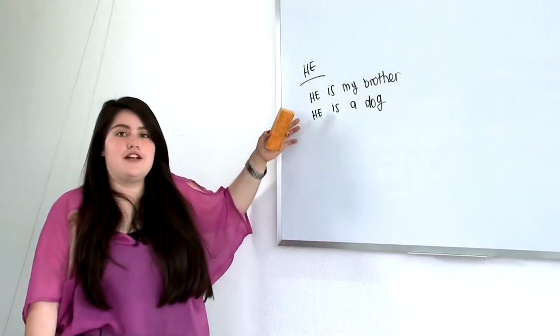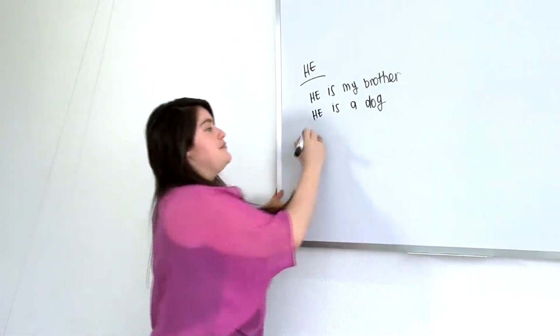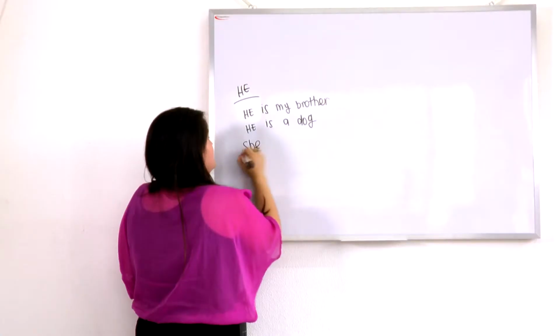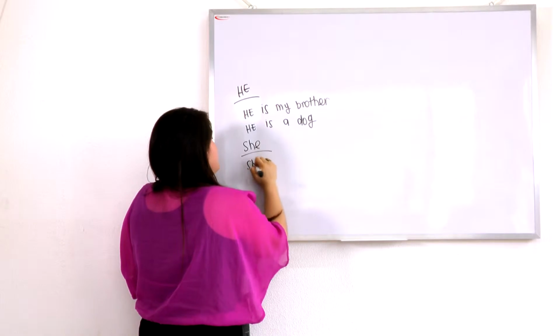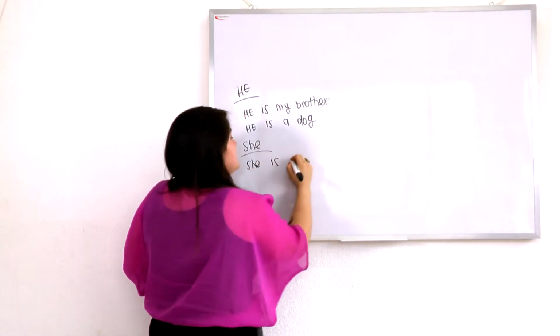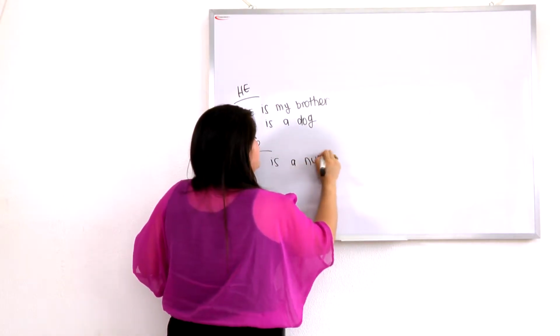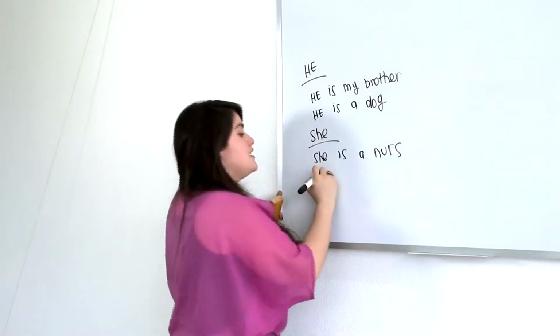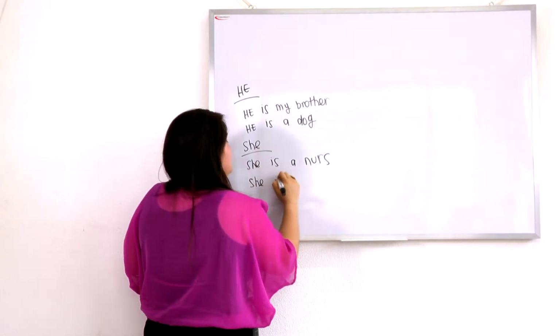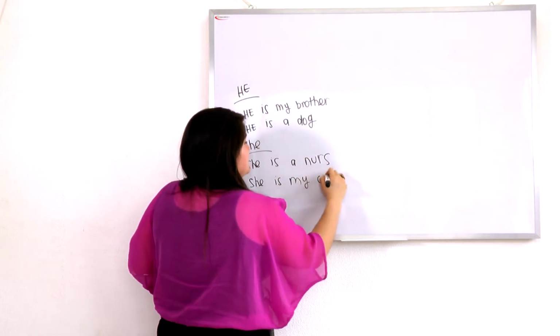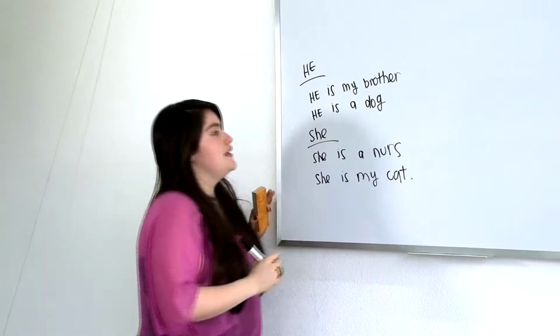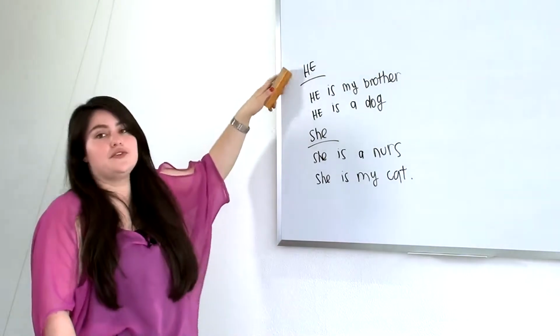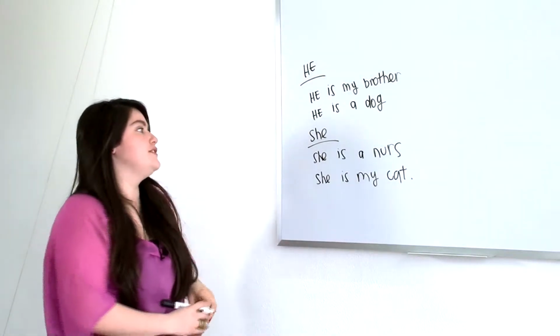This is the example for animals. And also with she, we have the same situation. So she is a nurse. And the other one that we have, like for the animals, she is my cat. These are the two examples in which you can use it for animals and also for persons.